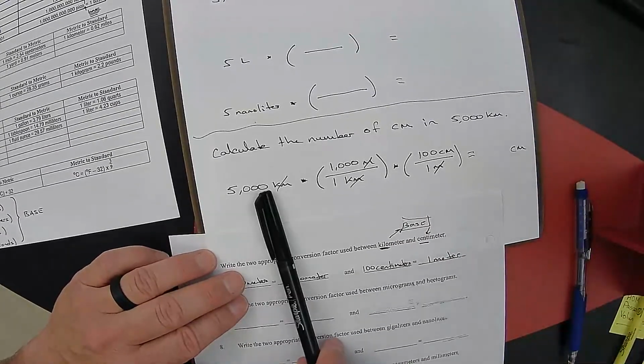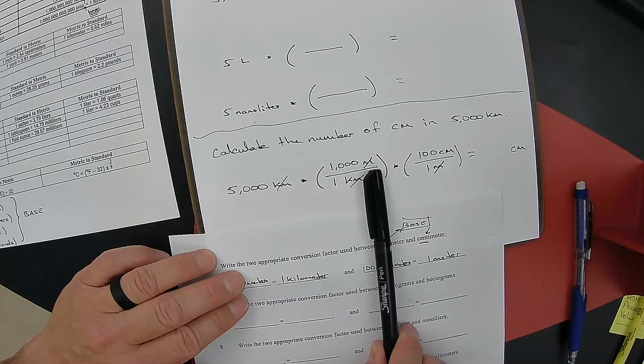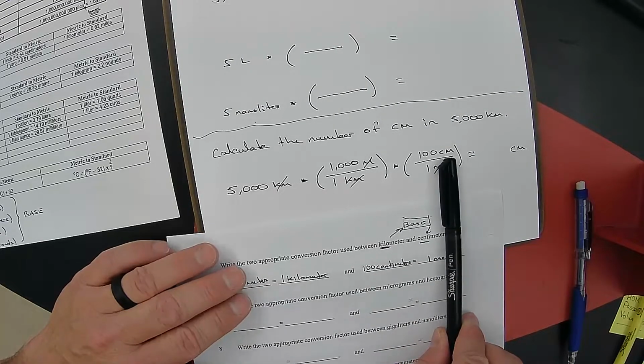How do I get my answer? It's 5,000 times 1,000 times 100.